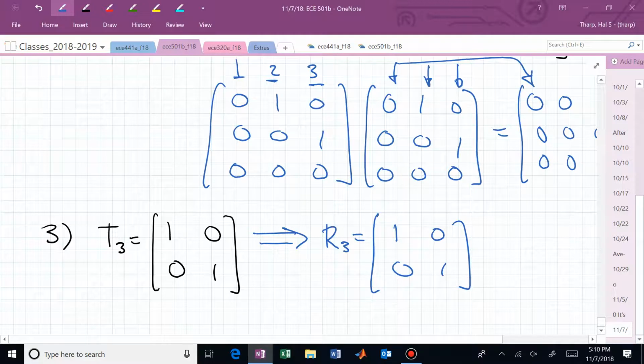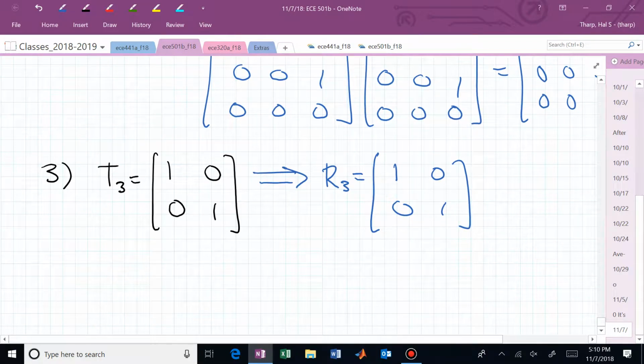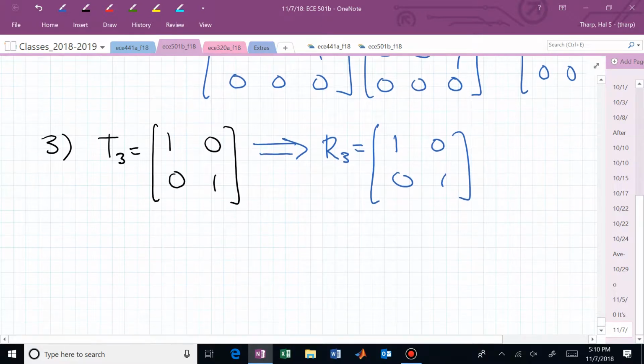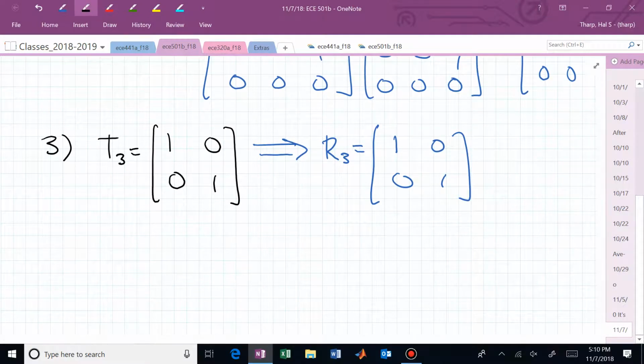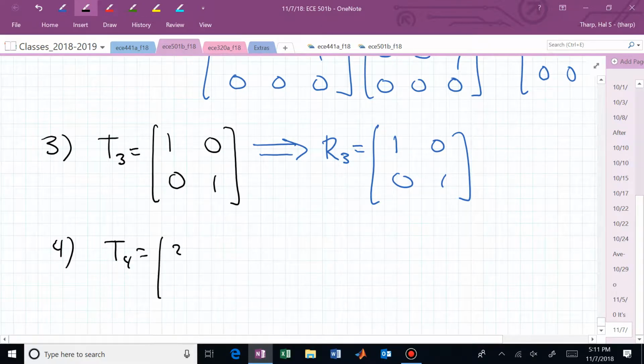So now R3 times R3 gives me T3. So that's kind of weird, but it's true, right? It's 1 times 1 gives me 1. Another way of thinking of it, and we'll be really sort of thinking that way when we start talking about isometries. That will sort of look like ones, these rotations. Now we're dealing with positive operators, which are trying to think of these as being like scaling factors.